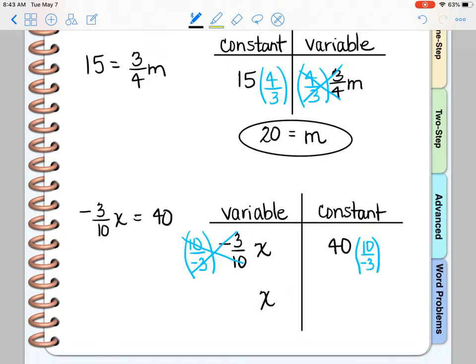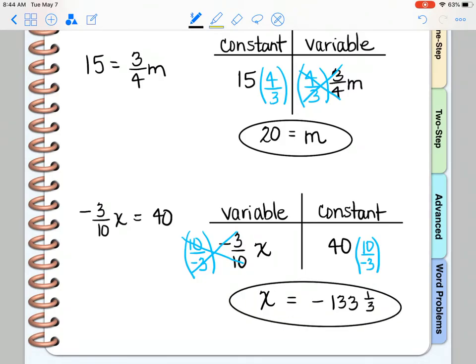And 40 times 10 over negative 3 is negative 133 and 1/3. So our solution, and if you need the parentheses to keep your negative sign separate, that's fine. But this one turned out to be another one of those that is not even.